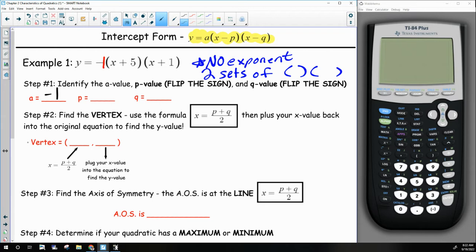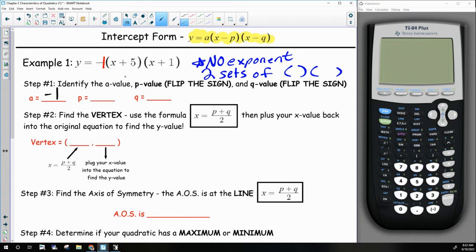P value is our next value, our first value in parentheses. And if you remember in vertex form, we always had to flip the h value. Remember that? We'd always flip the number inside parentheses. For p and q, the same thing. Numbers inside of parentheses, when you're writing down their value, have to be the opposite of what they look like.